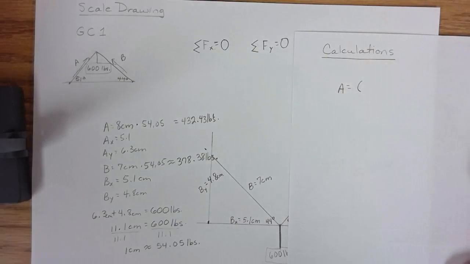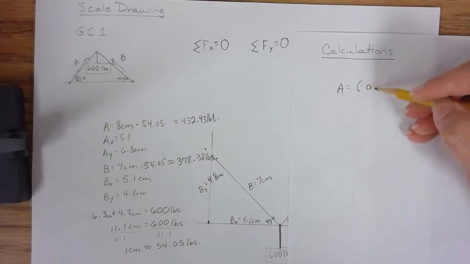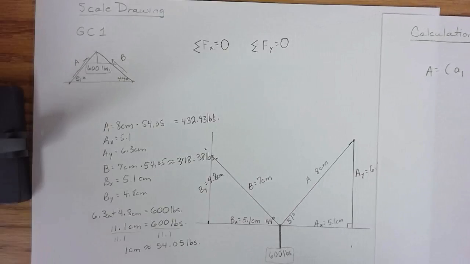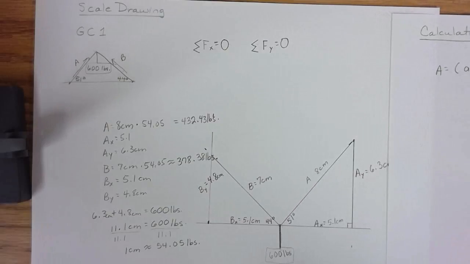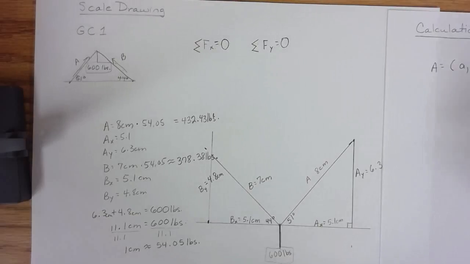However, the magnitude is what we're looking for, and so I'm just going to call that magnitude A. And its direction, while when we did the vector unit we often looked at things east, west, north, south, I'm just going to look at these angles between 0 and 360 degrees. So vector A, its angle is at 51 degrees.